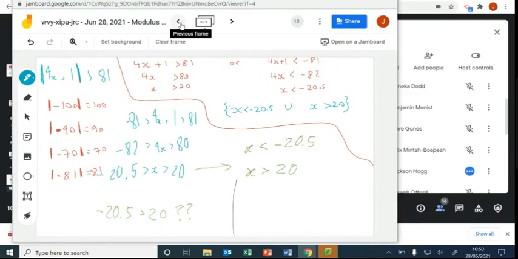When you say universal, are you talking about that U thing? Yeah. That means union. So that was a situation where we had two disjoint sets, and that was because it was a greater than situation. So is it not the same thing on the next slide? No, because this one, you can actually have it all in one continuous set.